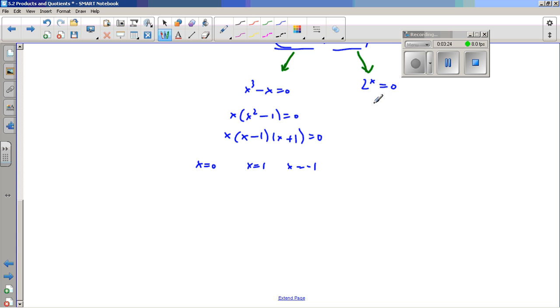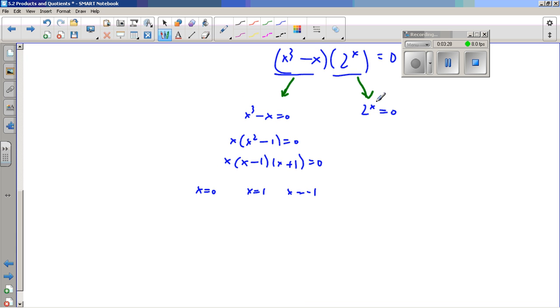And then what about this? When is 2 to the exponent x equal to 0? Or how do we solve this, right? Well, one way would be to try and write the right-hand side. Now I'm thinking about Unit 4, which we just finished on exponential functions. How do I make this side a power of 2? This is 2 to the exponent what is equal to 0.